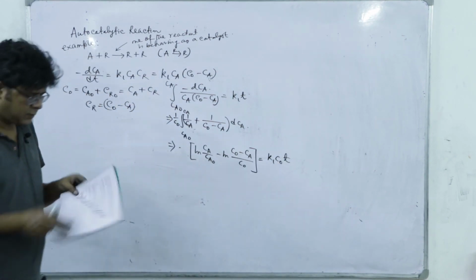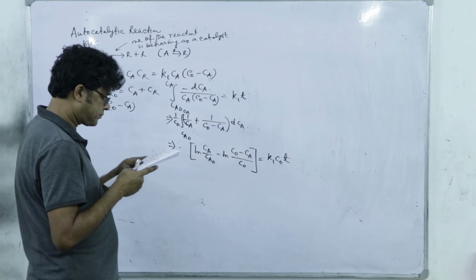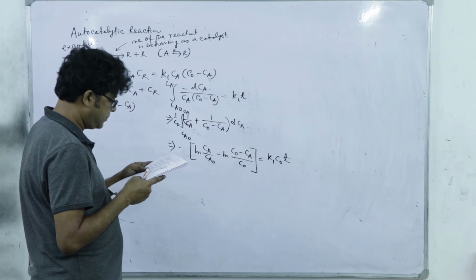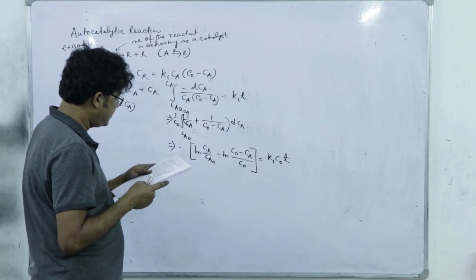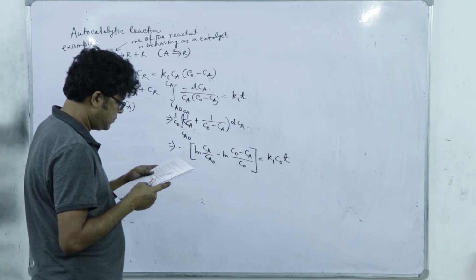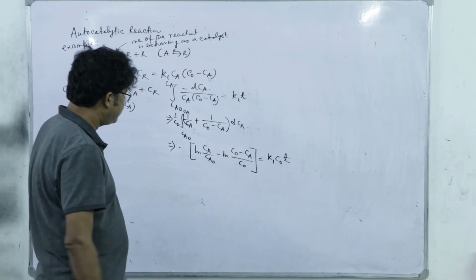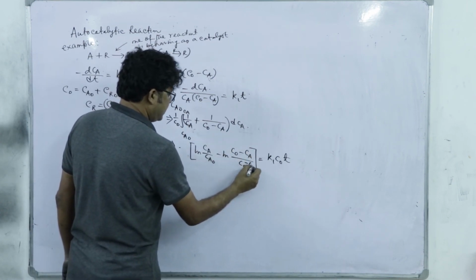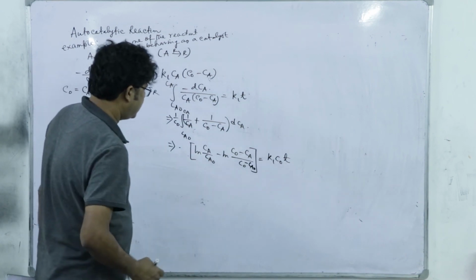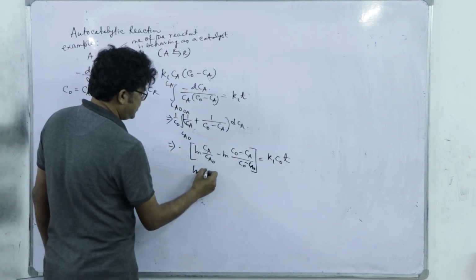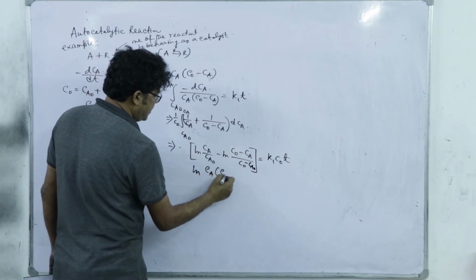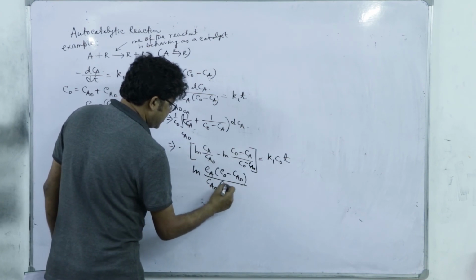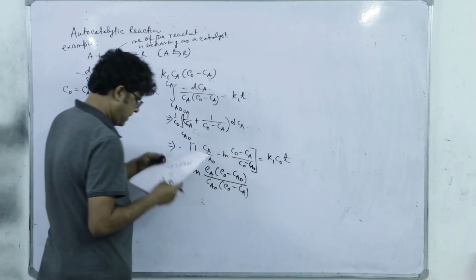So, what we are getting finally? Here C naught minus Ca, C naught minus Ca naught, it will be the term, right. So, ln of Ca, C naught minus Ca naught divided by Ca naught, C naught minus Ca, right.